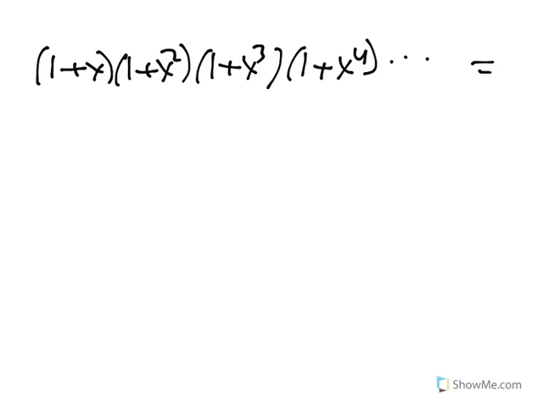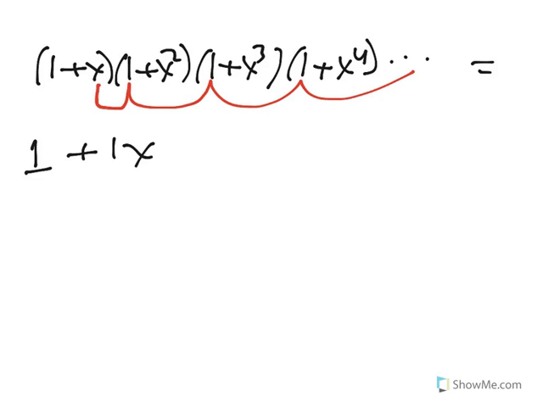For instance, there's going to be a 1 in it, because that's what I would get if I use the 1 from each parentheses. I'm also going to have plus 1x, and that's because if I use the x from this one and the 1 from all the others from then on, I would get 1x, and there's no other way.